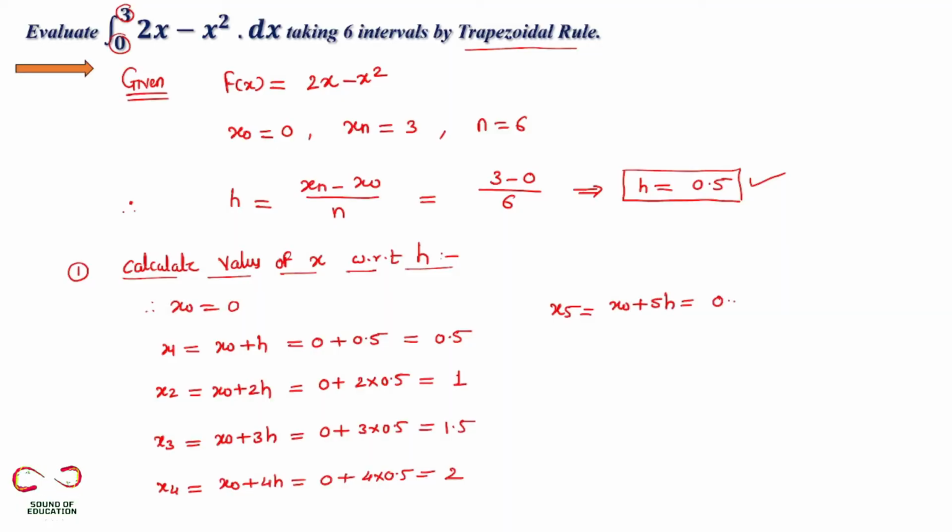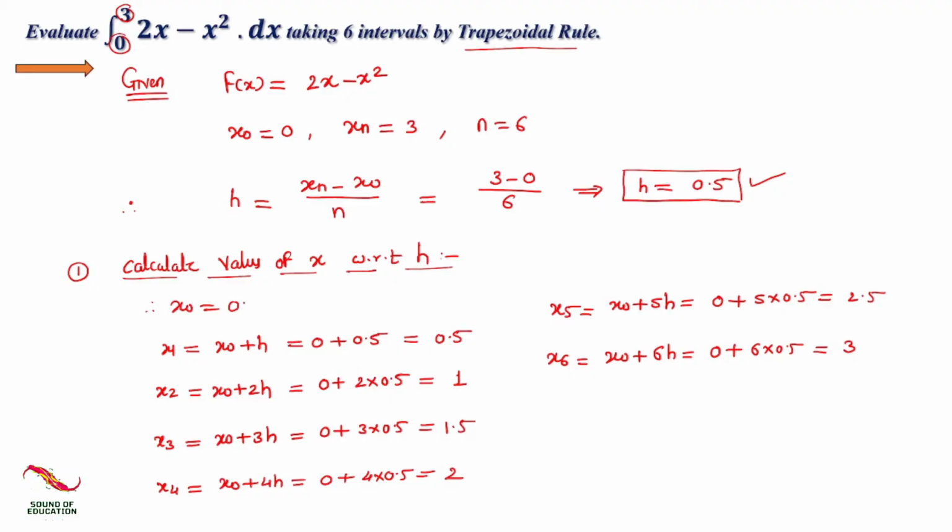So x0 is equal to 0 plus 5 multiplied by 0.5. So x5 is equal to 2.5. कैलकुलेट x6. x6 के लिए फॉर्मूला कैसे लिखेंगे? x0 प्लस 6h इज इक्वल टू 0 प्लस 6 मल्टीप्लाई बाय 0.5 विच इज इक्वल टू 3.